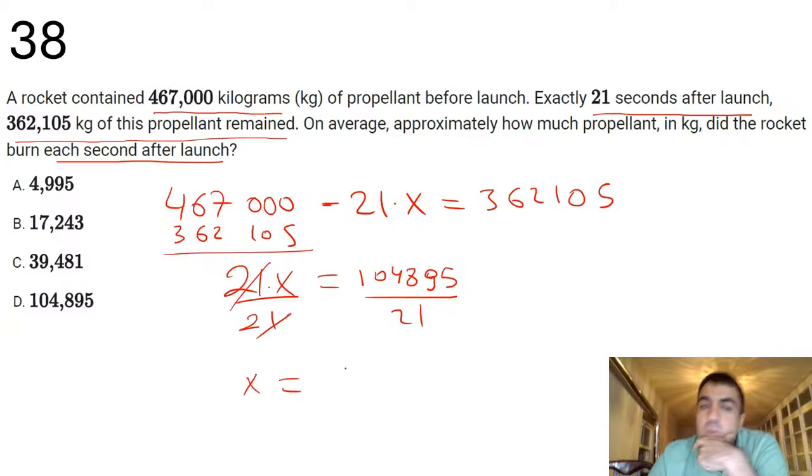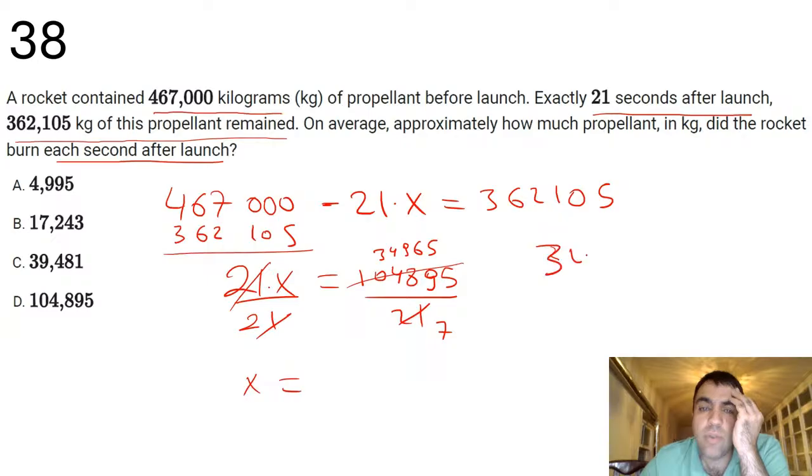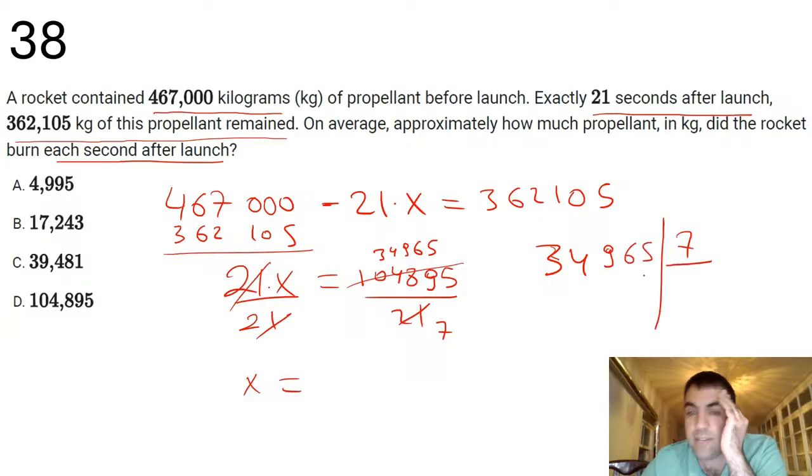X is equal to, we can divide it by 3 actually, both denominator and numerator of the fraction. We get 34,965 over 7. We divide 34,965 by 7, right?